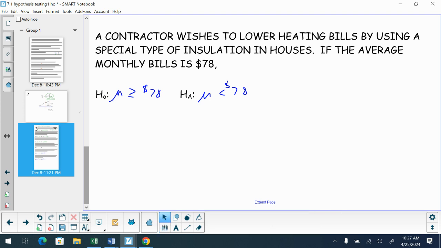Now, your homework for tonight, all you have to do is you have 5 problems. All it wants you to do with the 5 problems is right underneath the top there, write your null and alternate hypothesis.